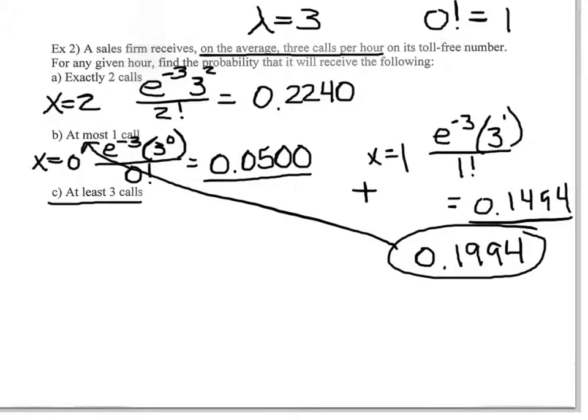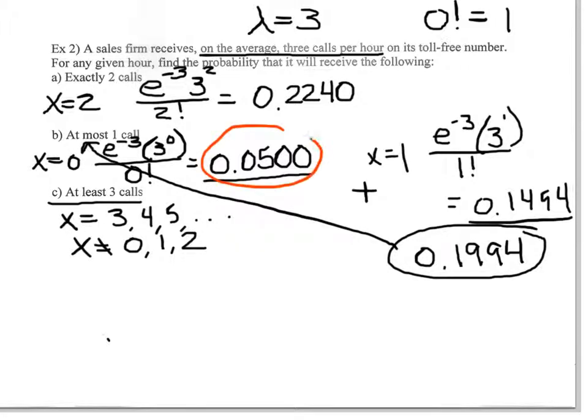C says at least 3 phone calls. So in this case, we want x to be 3, 4, 5, and so on and so forth. It does not include 0, 1, and 2, which, lucky for us, we already have. We have 0. It's right here. We have 1. And we have 2.